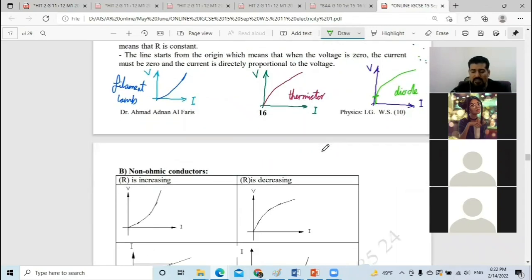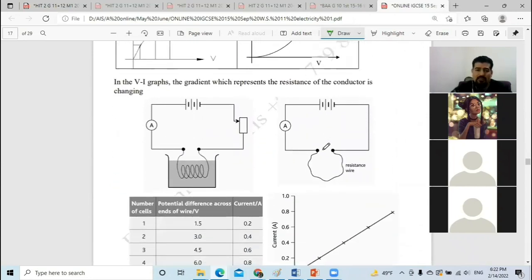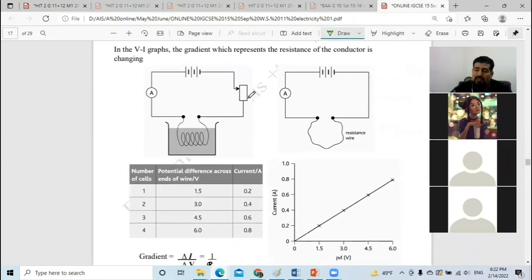Any question? That means, I need a device here that keeps changing the voltage or keeps changing the current. Now you have it in your houses, in your cars, even in your mobiles and laptops. Let me show you something.